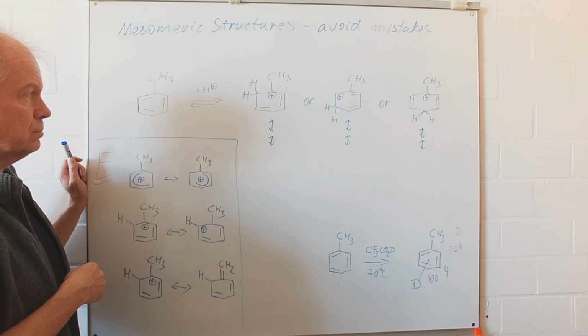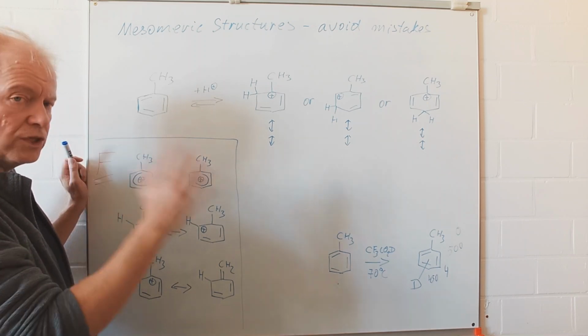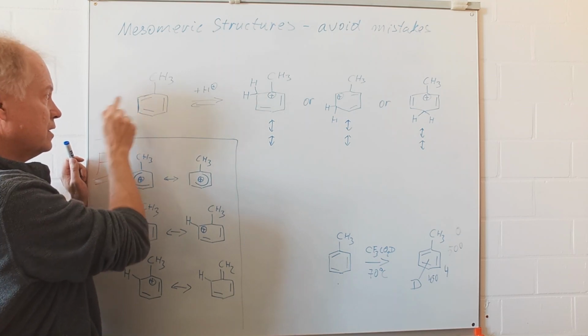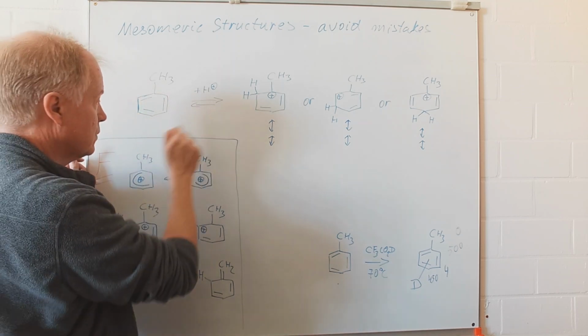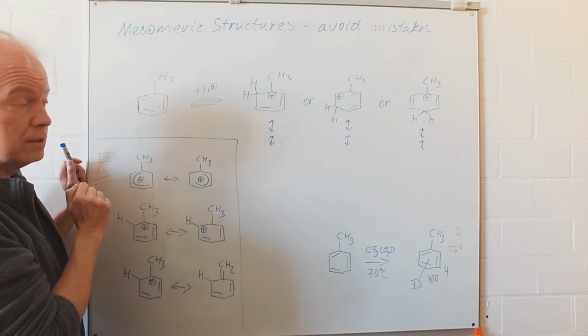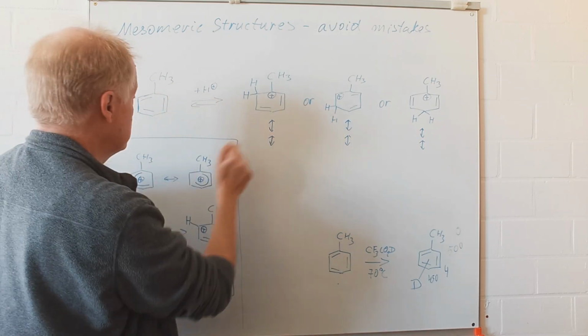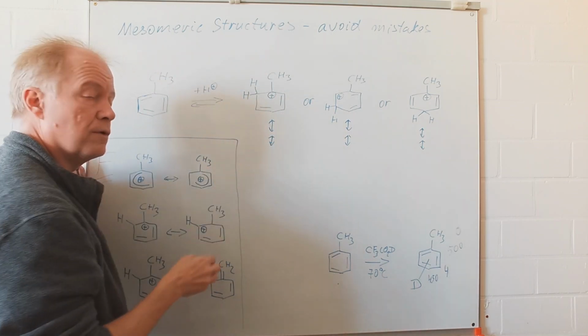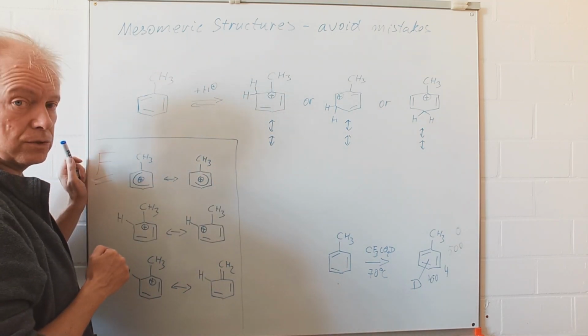To solve the problem, we should just go ahead and protonate in ortho position, then protonate in meta position, and then protonate in para position and draw the mesomeric structures.